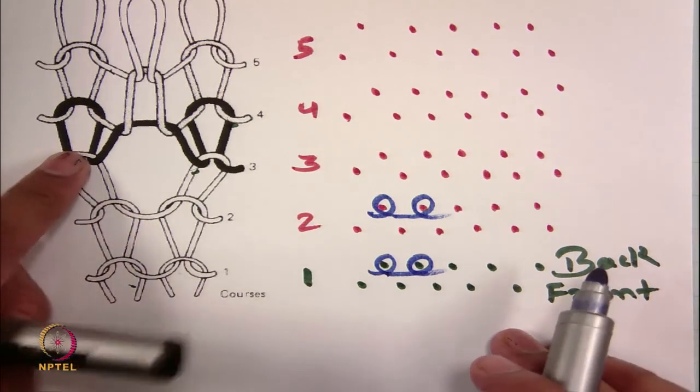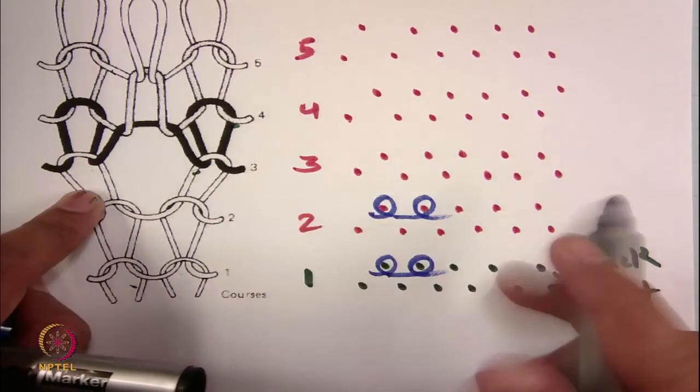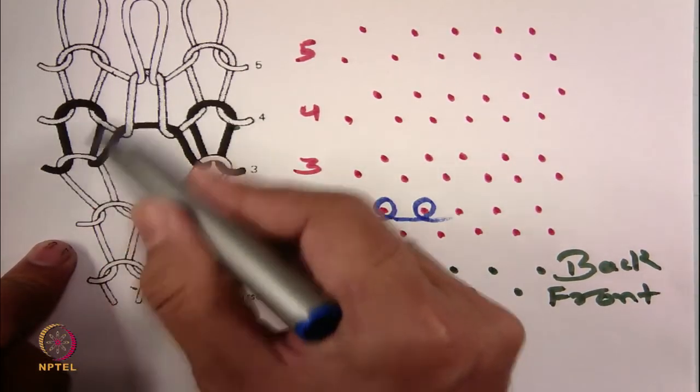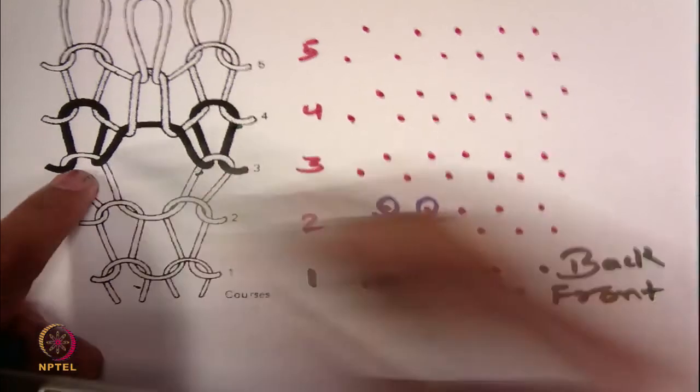Now, let us see the third course. Again, if you see this loop, this is technical back side, and the left loop in the third course is again technical back side.